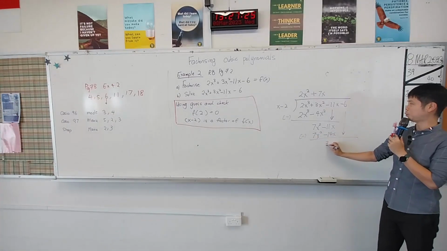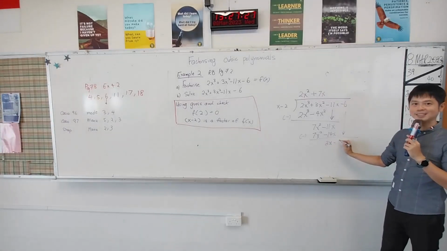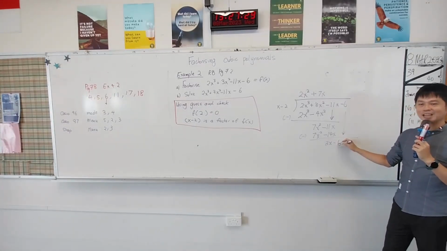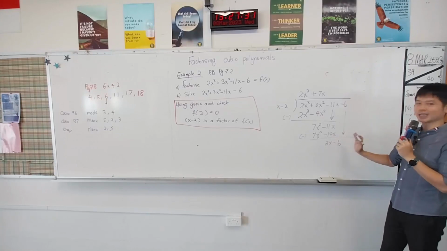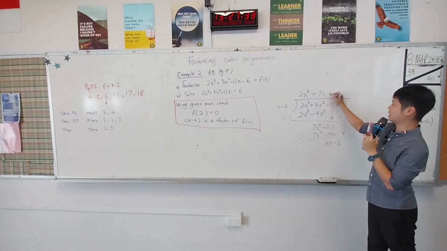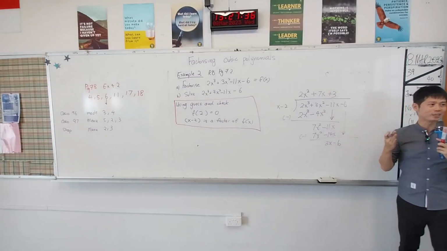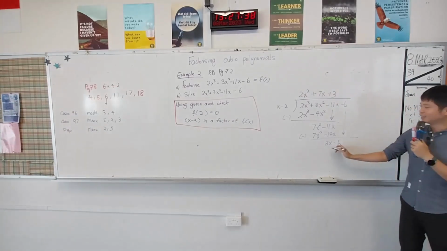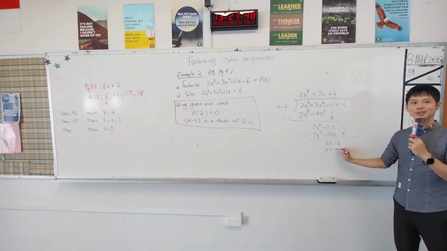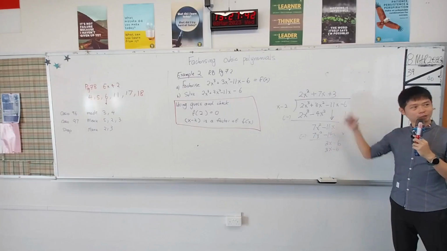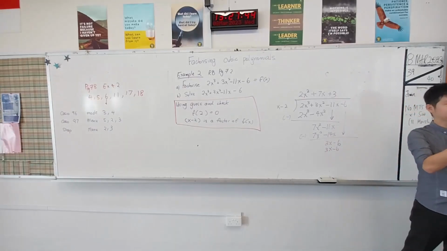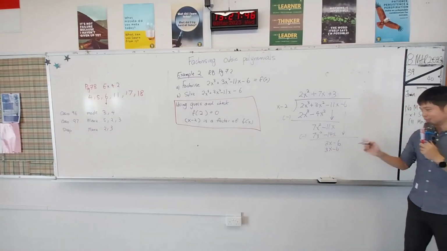Finally, I will have 3x minus 6. Then you pray hard, you'll get 0 later. So I will plus 3. Usually, you do until here, it's quite exciting, because if you don't get 0, redo the long division, not the divisor. The divisor is confirmed correct. It's the long division.